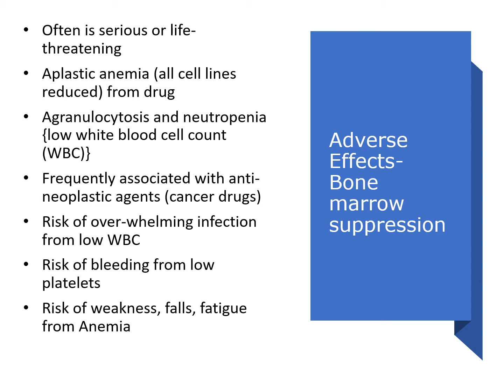So if the bone marrow has been suppressed by a drug, you're going to potentially develop thrombocytopenia, anemia, and leukopenia. Okay, so low white blood cells, low red blood cells being anemia, and thrombocytopenia being low platelets.